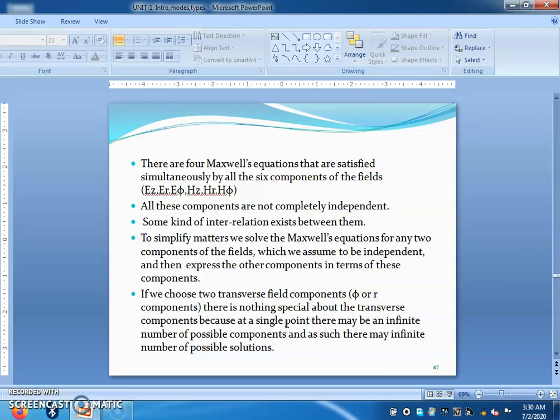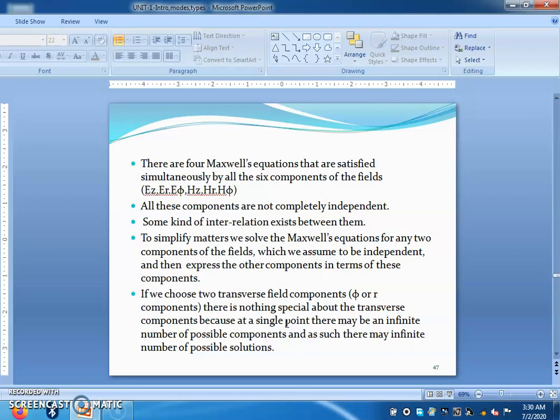Some sort of interrelationship exists between them. So what we are going to do is solve Maxwell's equations for any two components of the field which we assume to be independent, and then express the remaining four components in terms of these two components.